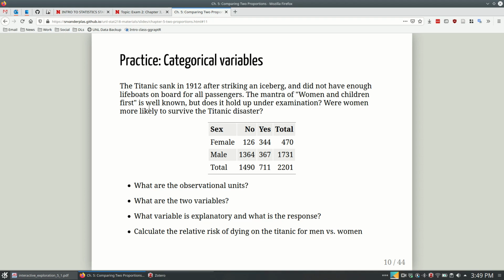All right, everybody managed to get a relative risk? How many times more likely were men to die than women? Just ballpark it. Yeah, pretty close to 3, right? So men were about 3 times as likely to die as women.